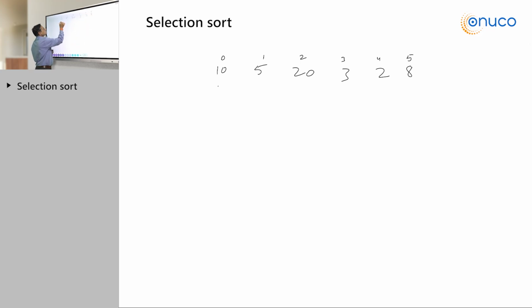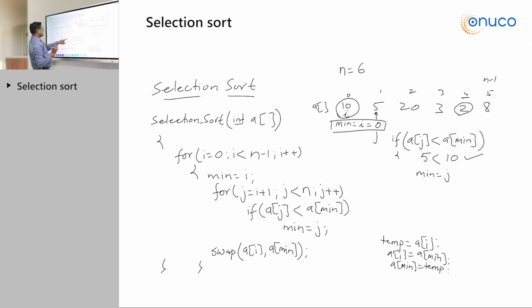Initially we have i, and j will start from here, right? As per the code I said, j is i plus 1.